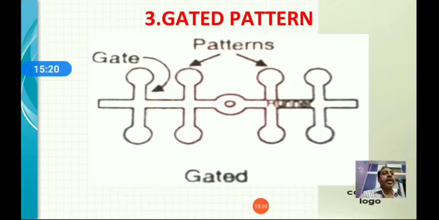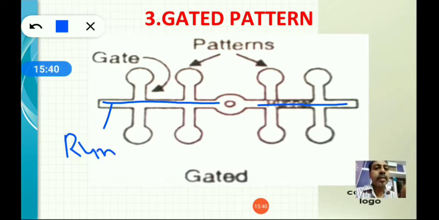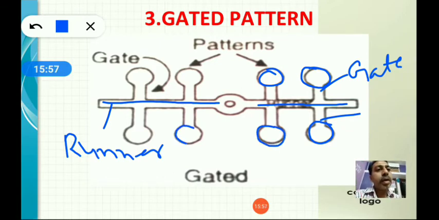Now the gated pattern. A gated pattern is used to create mass production of very small and simple products. We can easily see that in the image. This is called the runner, and this is a gate, and through the gate small circular patterns are connected.